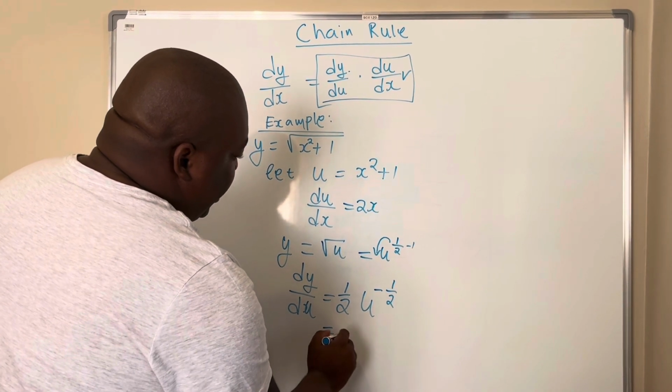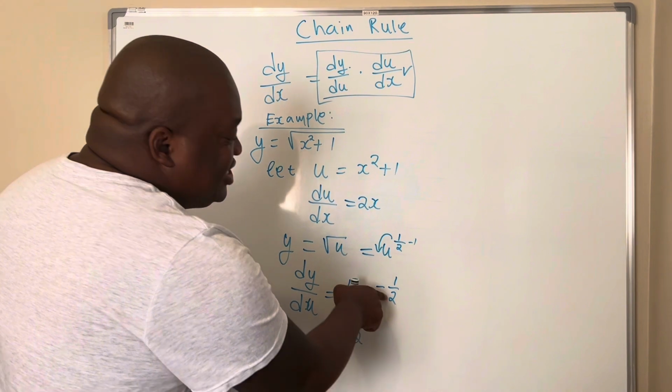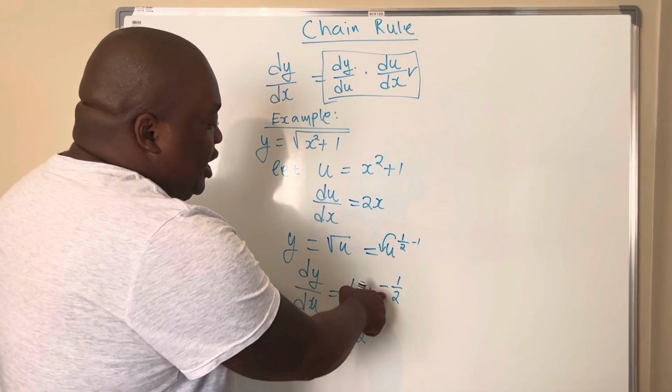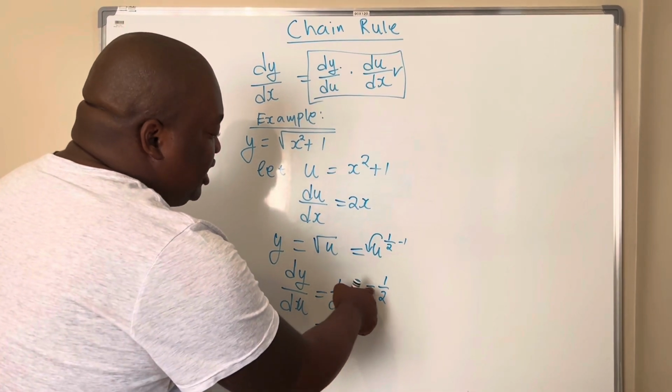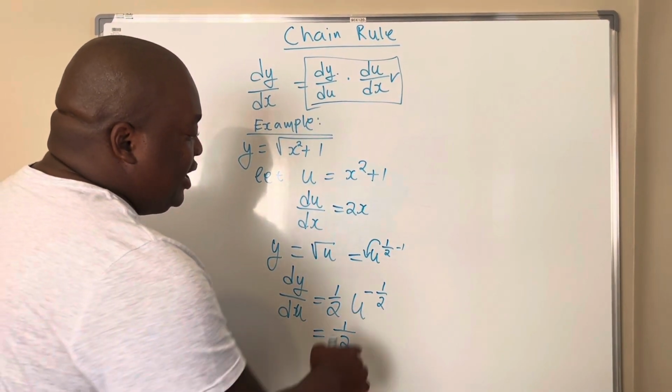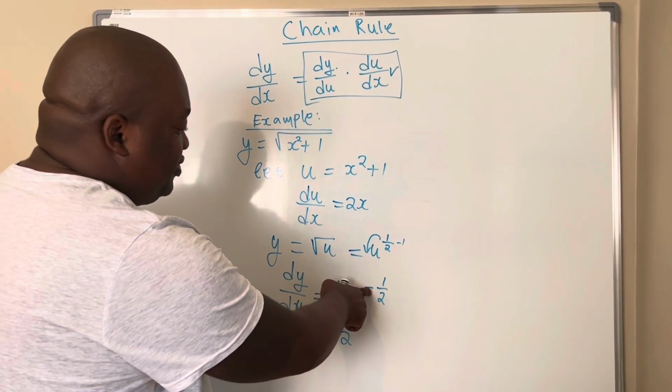Because it's a negative exponent, applying the law of exponents, if you have a negative exponent, you must put it underneath 1, but change the sign into a positive sign.